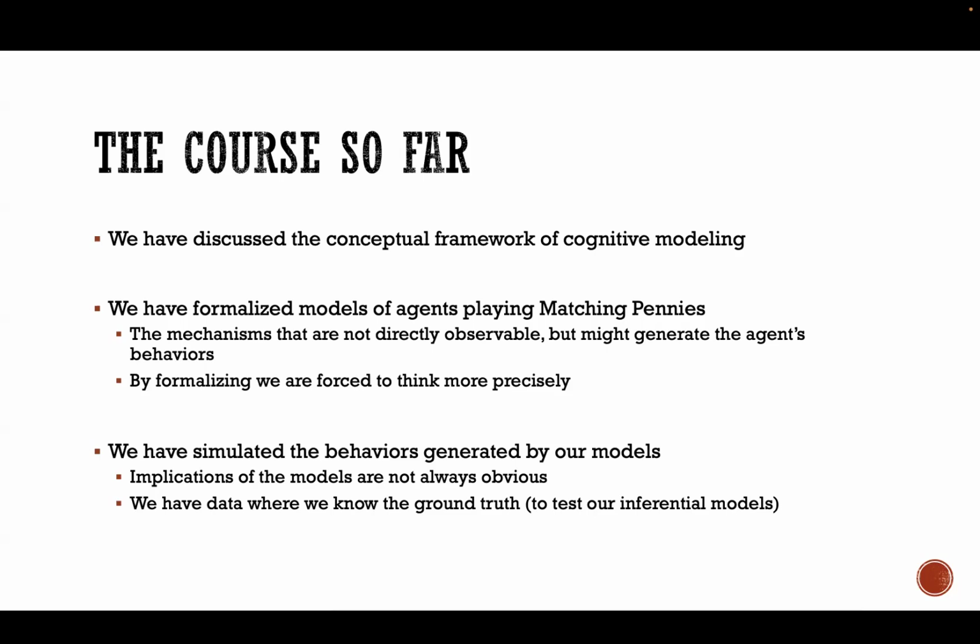We know what the parameter values are that generated the data, which means that when we build our inferential models that try to reconstruct either which out of n models is generating this data, or what the parameter values are, let's say in reinforcement learning, what's the learning rate, we can see whether the models are actually any good at reconstructing these parameters.